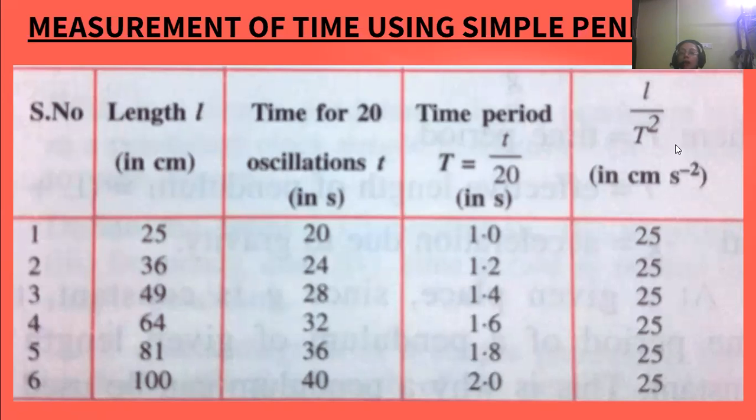Then L by T square is 25 centimeter per second square. Like this, we take the readings, take the mean of that, and find the time.